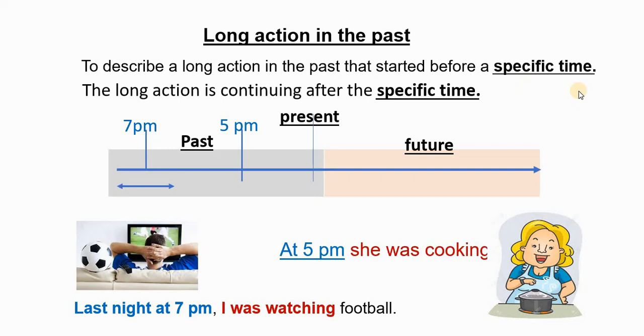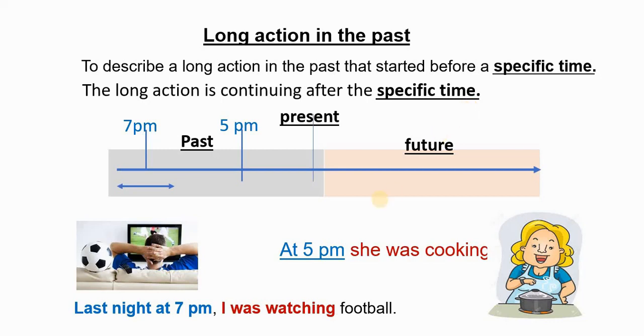So we define a specific time, and also the long action is continuing after the specific time. So with the past continuous, we describe an action that starts before a specific time and continues after.